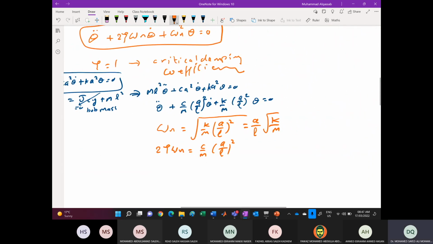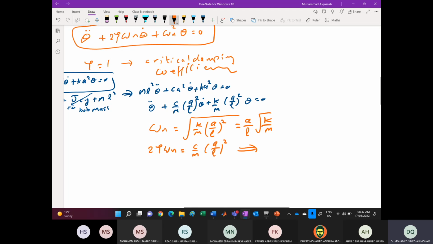So what you do here, put zeta equal to 1. Therefore, C becomes CC. Okay, so when you put zeta equal to 1, this will be 2 times 1 times omega n equal to CC over M times A over L squared.